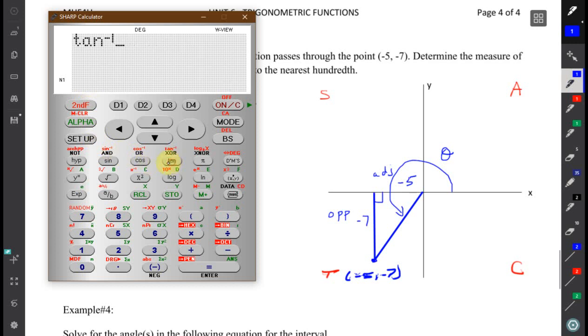Second function, tan of 7 over 5. I'm going to make sure my calculator is in radians.